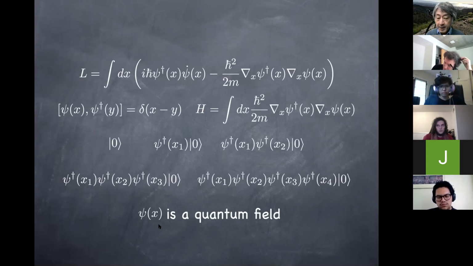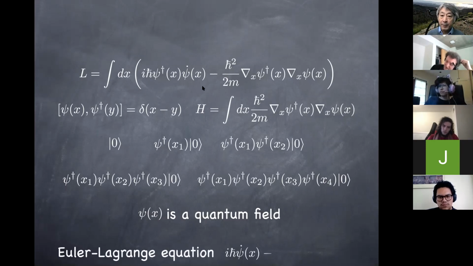It's quantum because it's an operator, an annihilation operator. And we call it a field because it's now a function of x. So psi of x is a different operator depending on where you are in space, and that's the idea of a field. By putting those two words together, we call psi of x a quantum field.